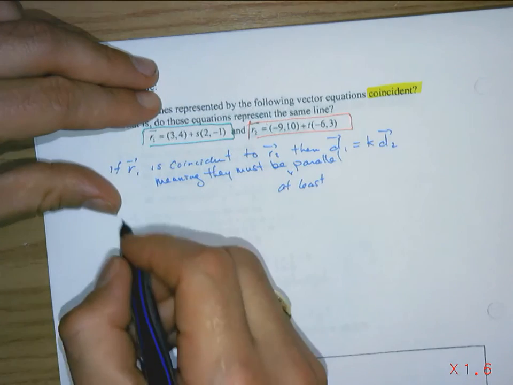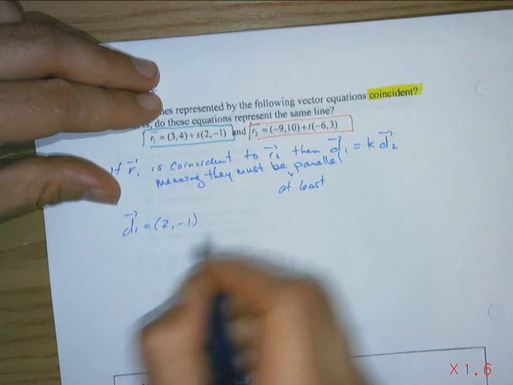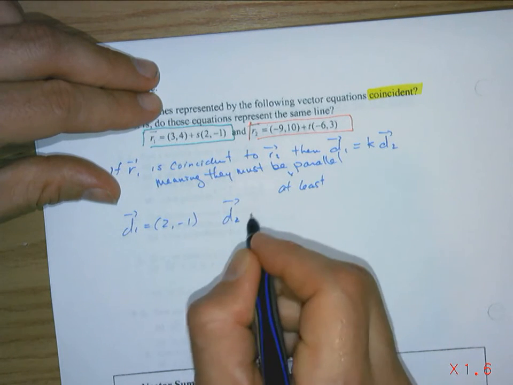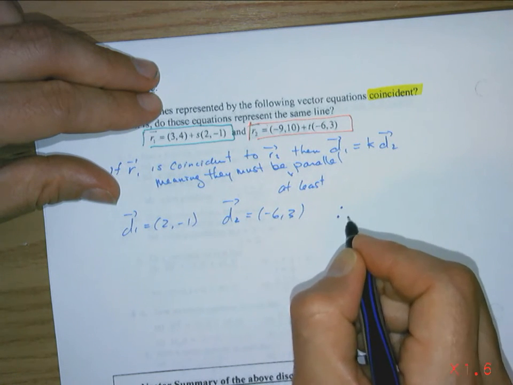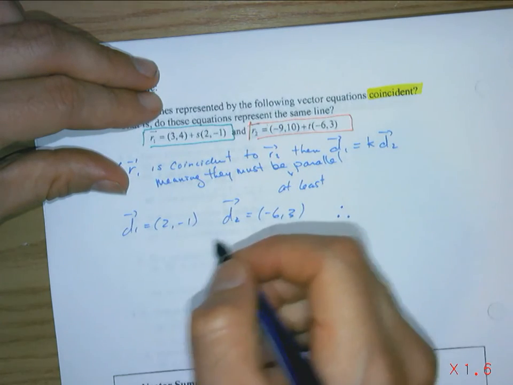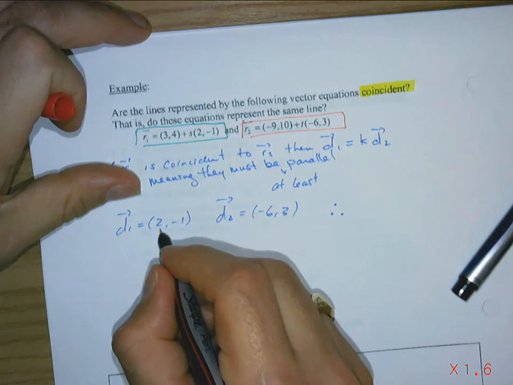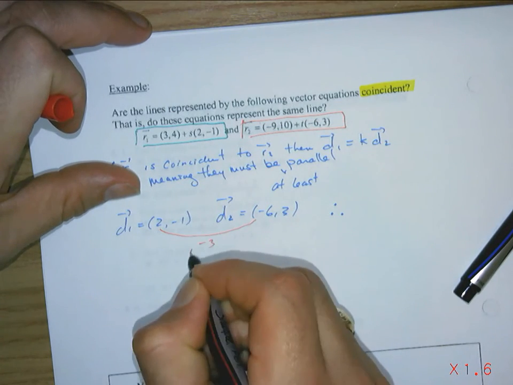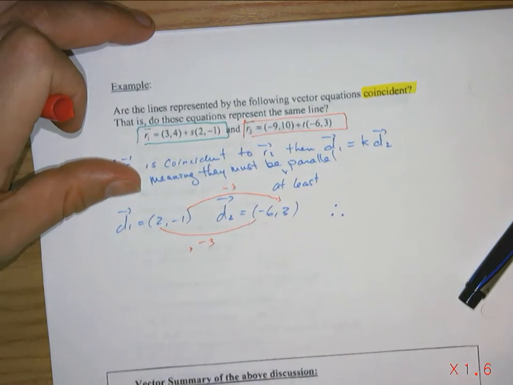So let's check. Direction vector 1 is going to equal (2, -1). Direction vector 2 is going to equal (-6, 3). Therefore, we can either use the larger one and the smaller one, but let's take a look. You're going to notice that direction vector 1, if I multiply it by negative 3, and if I multiply that by negative 3, they are scalar multiples.